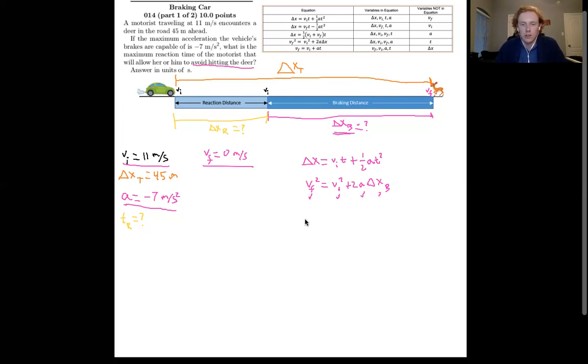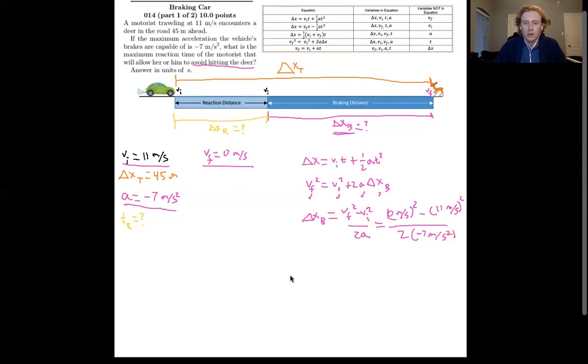Okay, so let's rearrange that equation. Let's say delta x b equals v final squared minus v initial squared over 2a. And now we can plug in numbers. V final squared is 0 squared, minus v initial squared, 11 meters per second squared, over 2 times our acceleration, which is negative 7 meters per second squared.